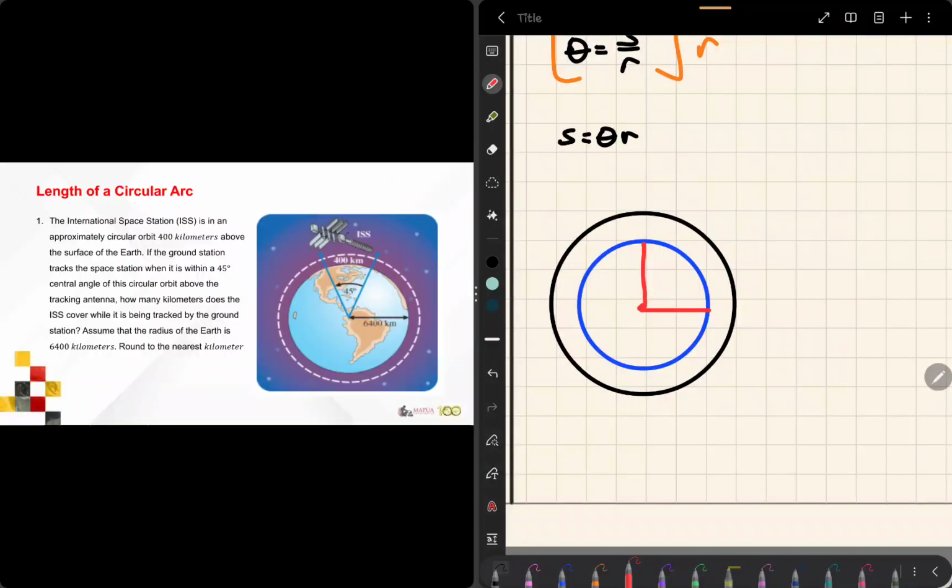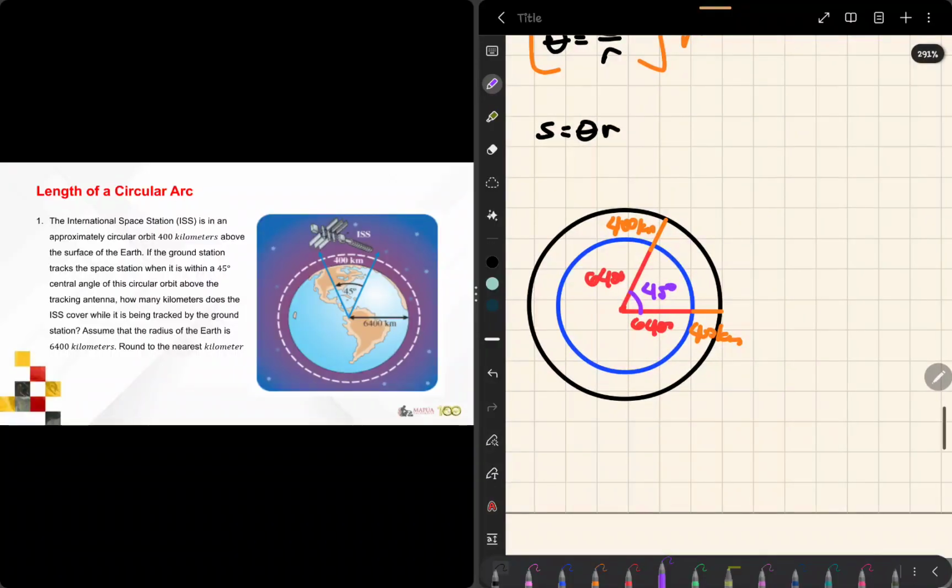So this one is the measurement of the 6,400 kilometers. And the distance between the Earth and the circular path of the ISS is 400 kilometers. And this angle is equal to 45 degrees. So we are tasked to find this arc.